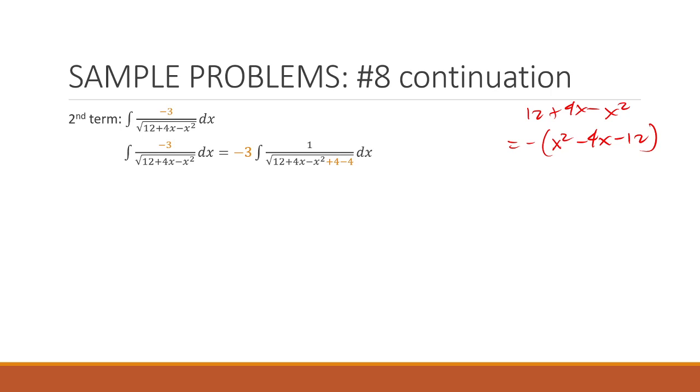Tama ba? Negative 6 and positive 2 multiply to negative 12, and negative 6 plus 2 is negative 4. So x minus 6, x plus 2, right? Kaso if we transform 12 plus 4x minus x squared using these factors, then dead end na, no? It does not match any formula that we have so far.